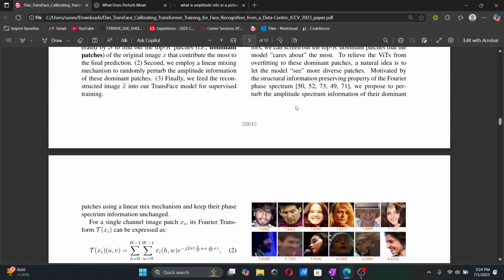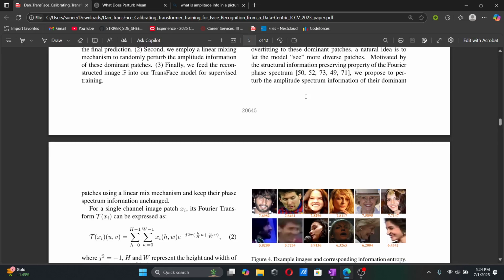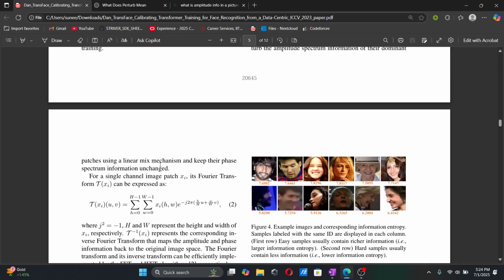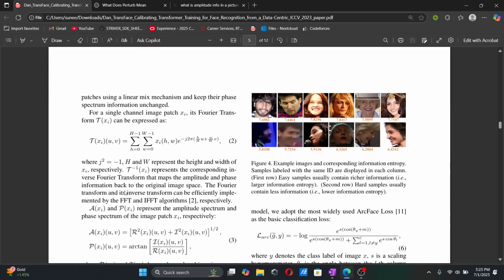Okay, let's see what Fourier transformation is later. For a single image xi, its Fourier transform T of xi can be expressed as.